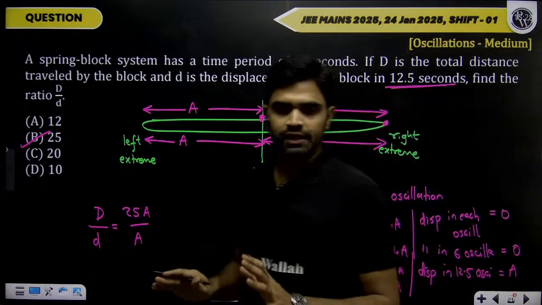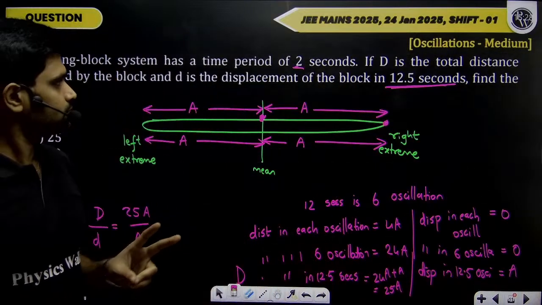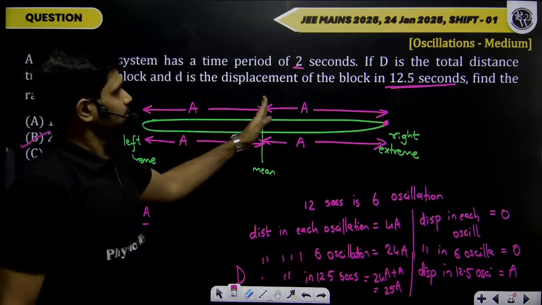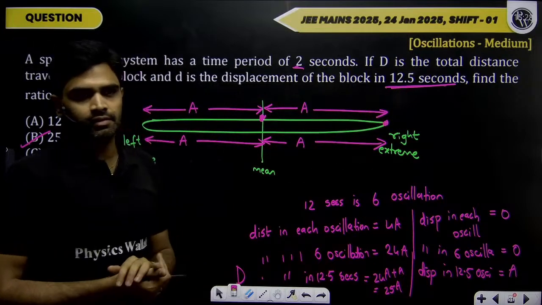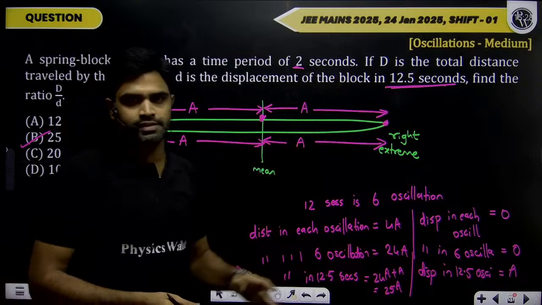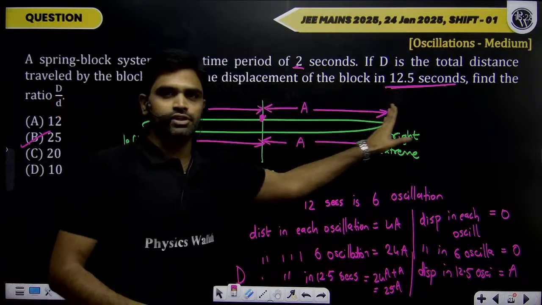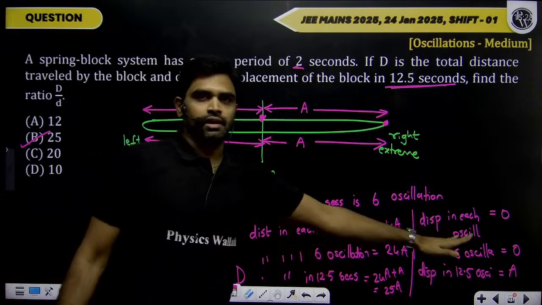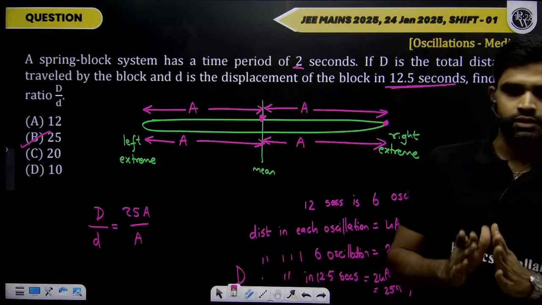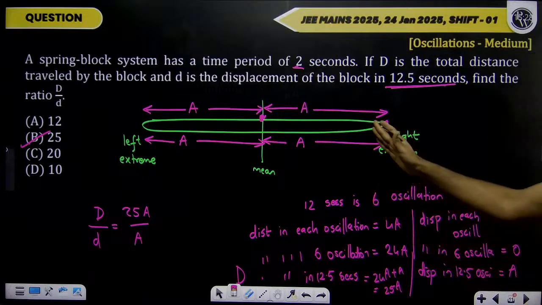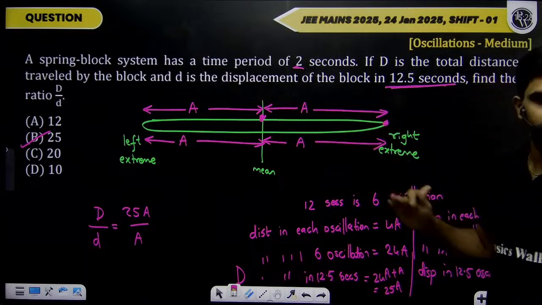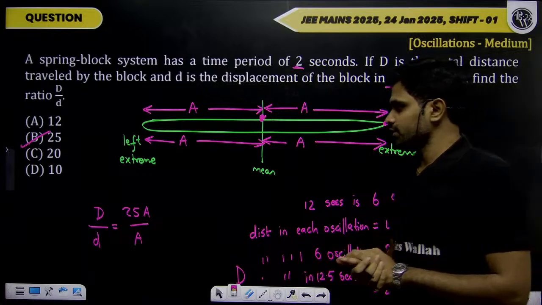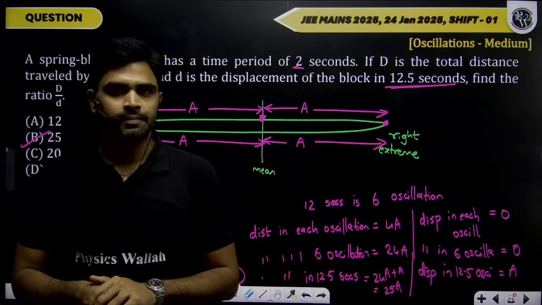Each oscillation takes 2 seconds, whereas they are asking distance and displacement in 12.5 seconds. In 12 seconds it perfectly finishes 6 oscillations, so distance is 24A and displacement is 0 till 12 seconds. That last half second adds an extra A for both distance and displacement. So the ratio comes out to be 25.